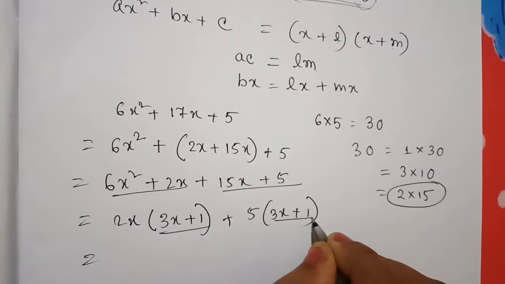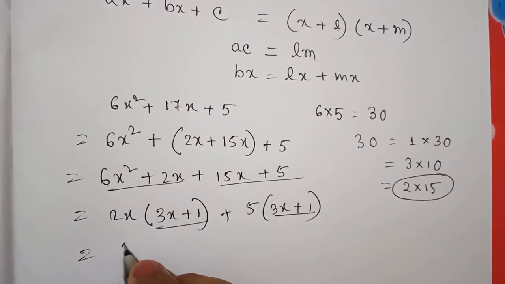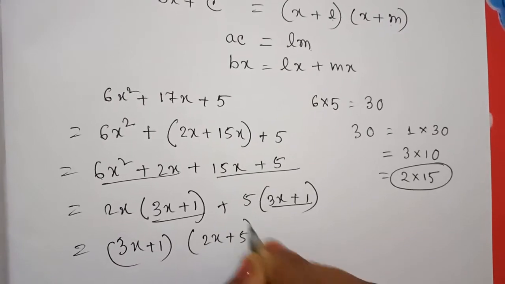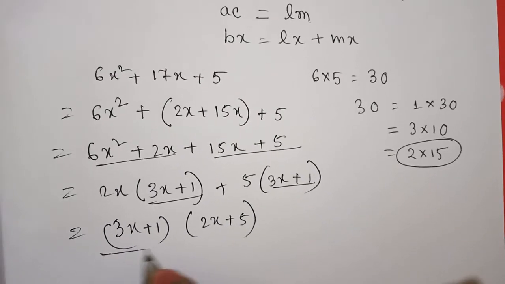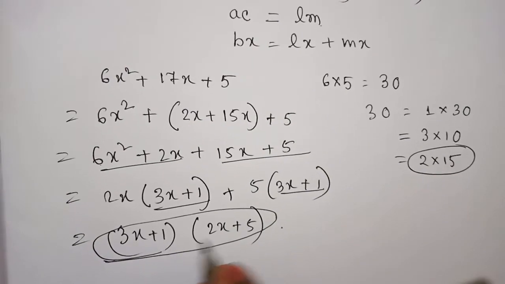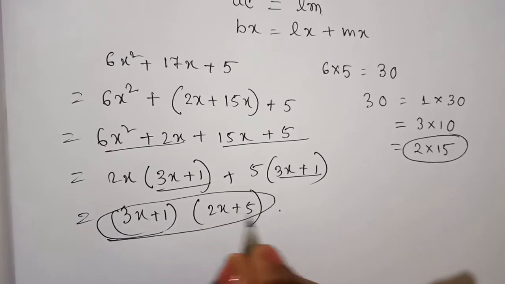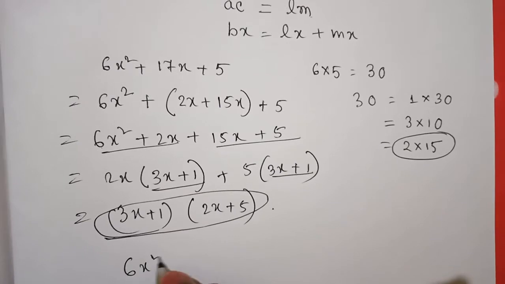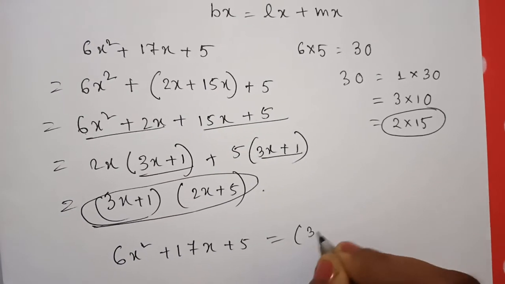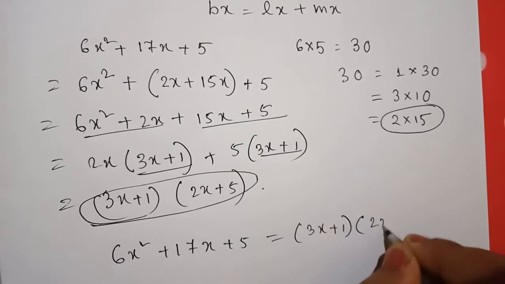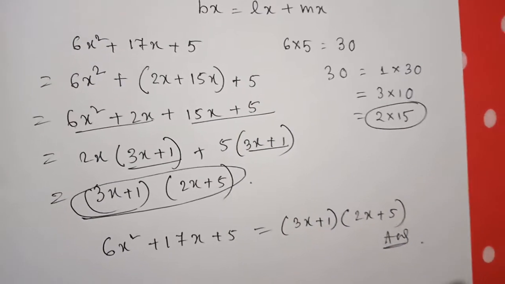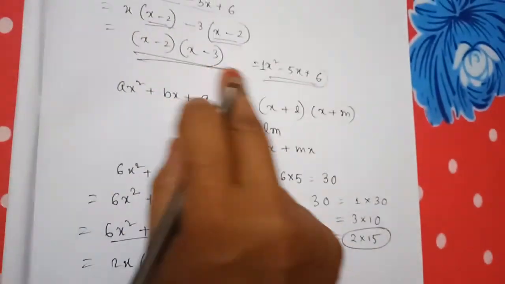From this, 3x plus 1 is common, and 2x plus 5 is left. So we have finally got two factors, 3x plus 1 into 2x plus 5. This is the factorization, and that's the answer. I hope you all have understood the same process.